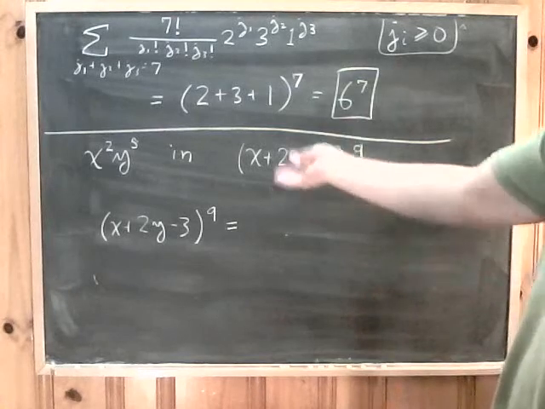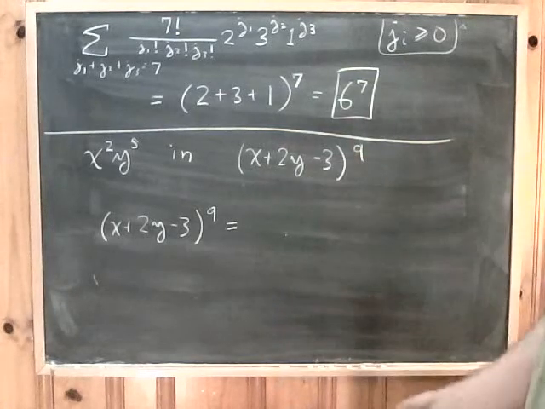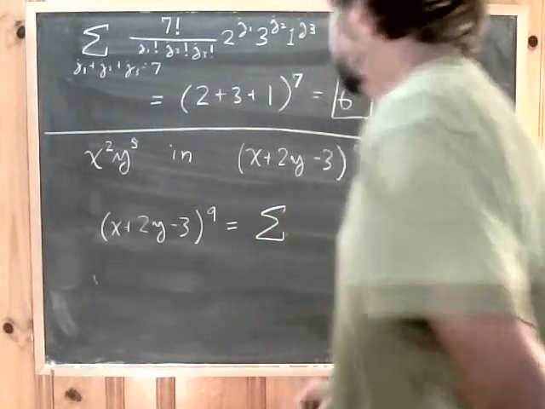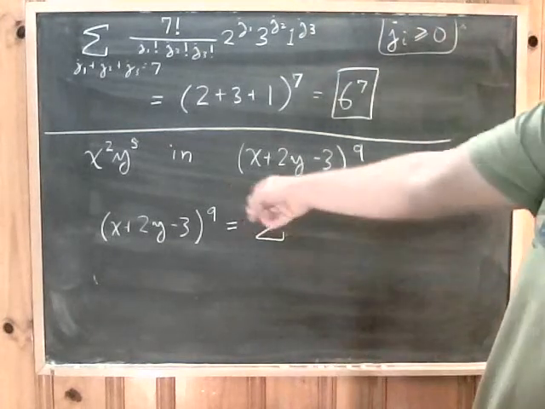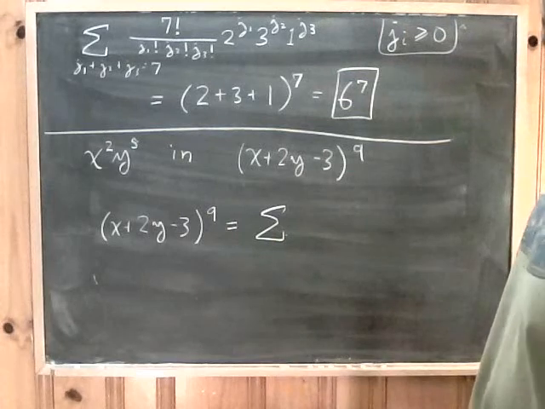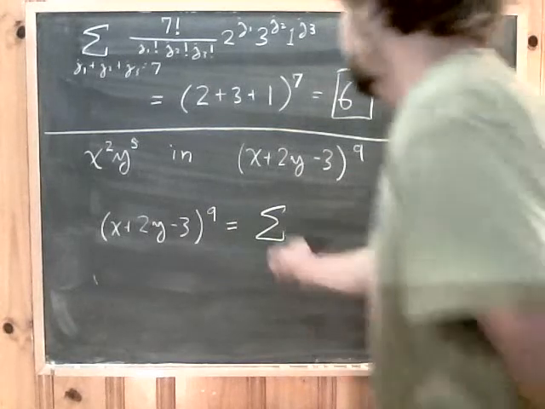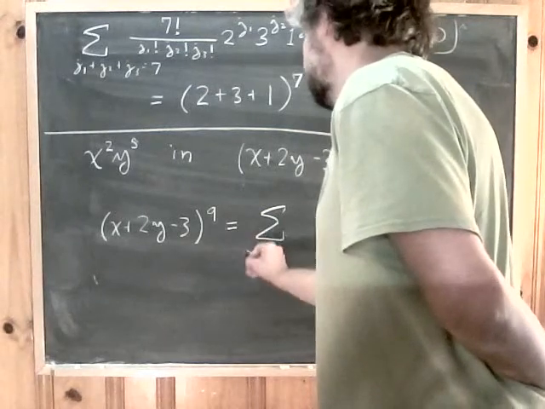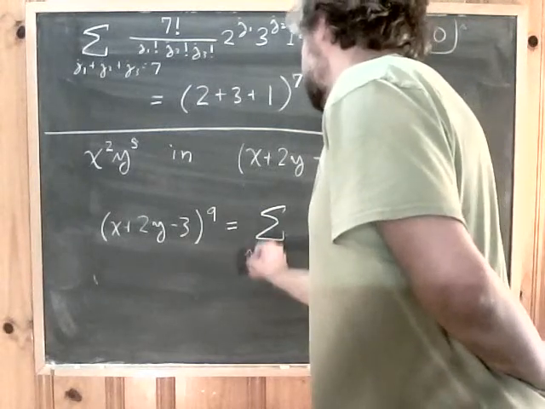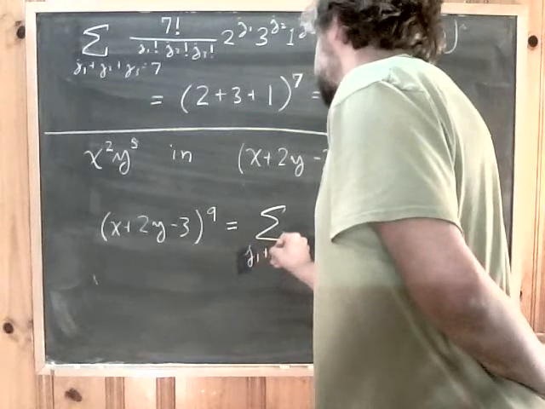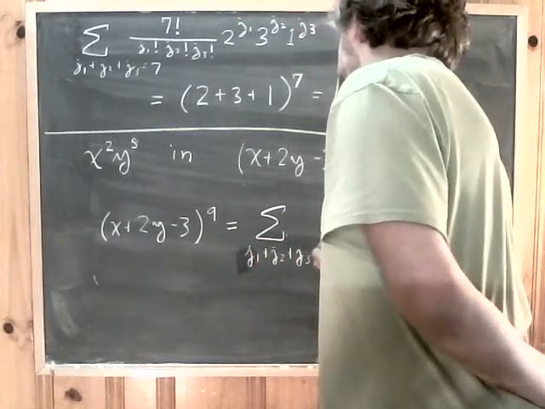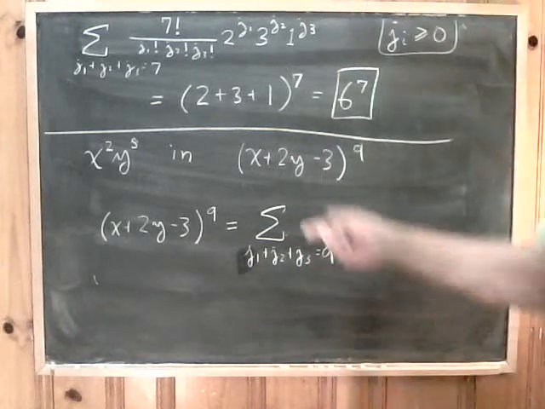Now here's the multinomial to the power 9, and we want to use the theorem. So it is very similar in that there are 3 items added together inside the multinomial. So again, it will be j1 plus j2 plus j3 equals 9. 9 is the power on there.